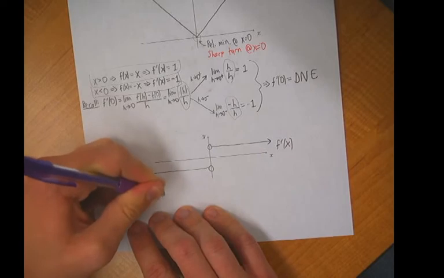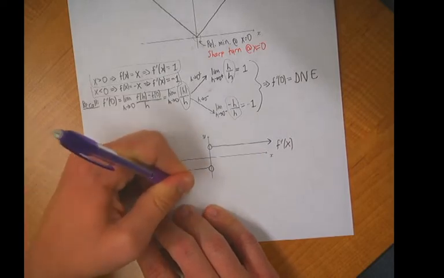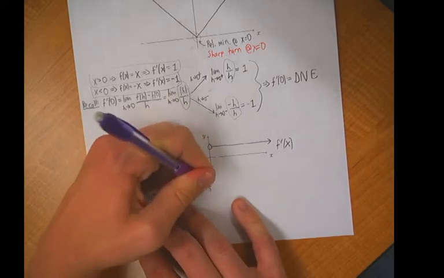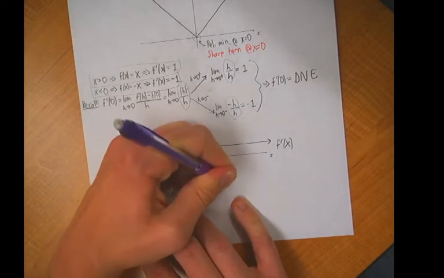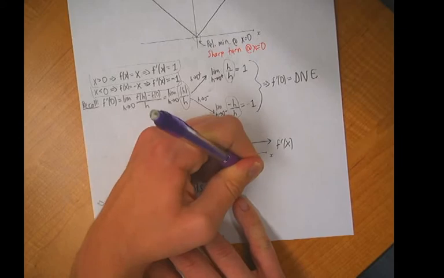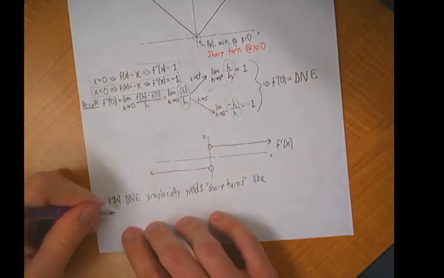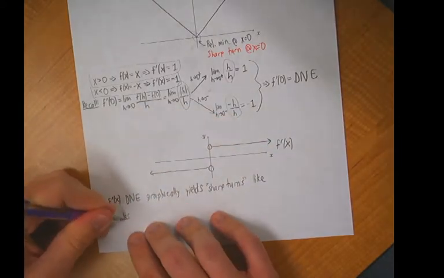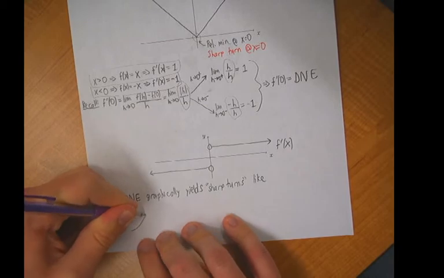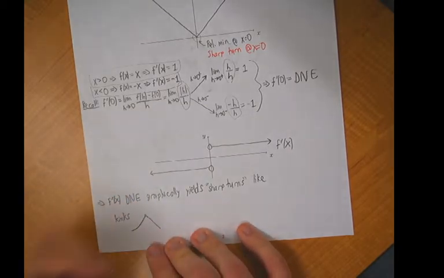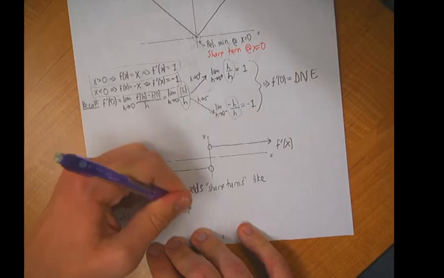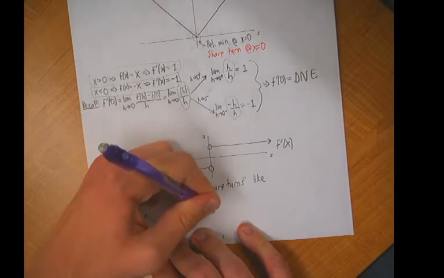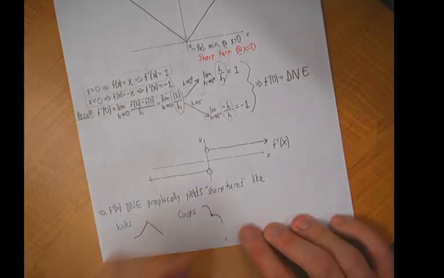Graphically, it yields quote-unquote sharp turns, like kinks, which look something like this. Cusps. And corners.